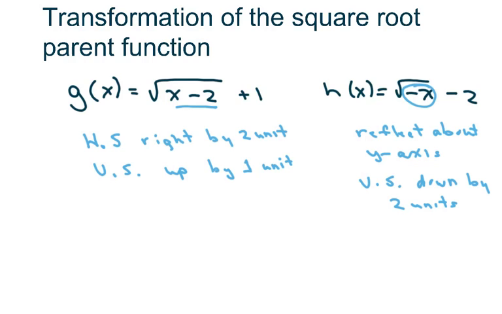Okay, so let's start with the first one. I'm going to go ahead and do the parent function first. So this is g. And basically, if I just do a table of values here, we have to start with 0 because the domain is x is greater than or equal to 0.